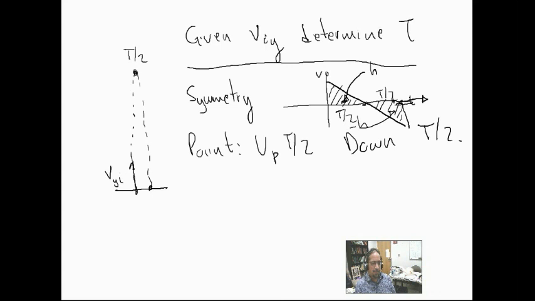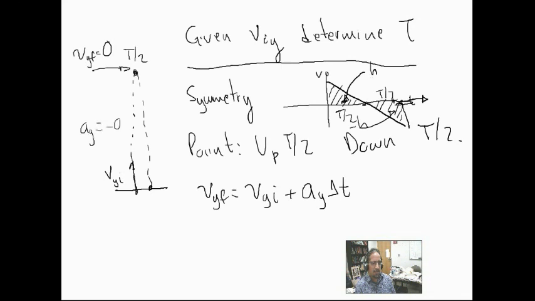So we use equation number 1 that says that v y final is equal to v y initial plus a y delta t. And so I want the time, that delta t is going to be t over 2. So let us write down everything in the way that we know. v y final is equal to 0 and the acceleration is minus g.